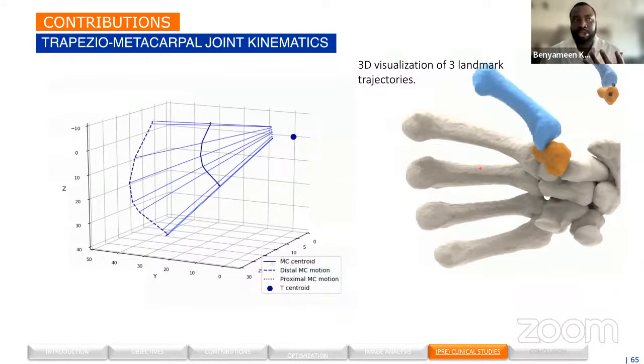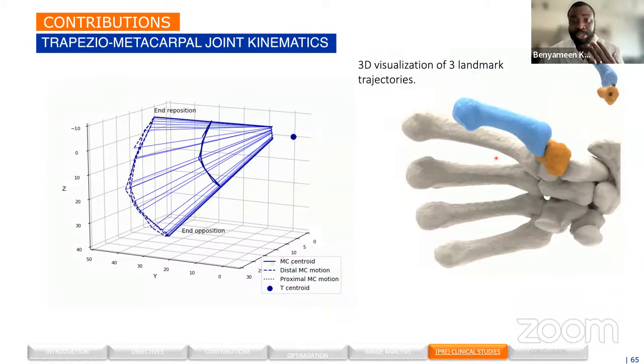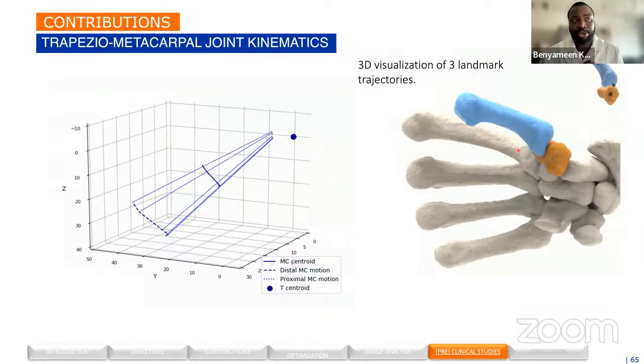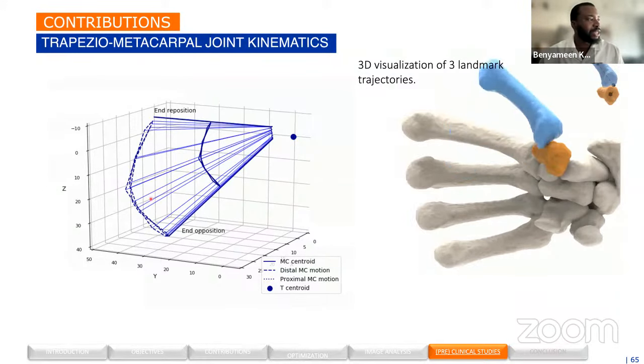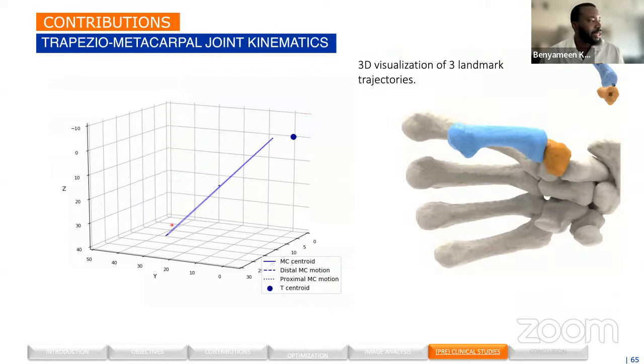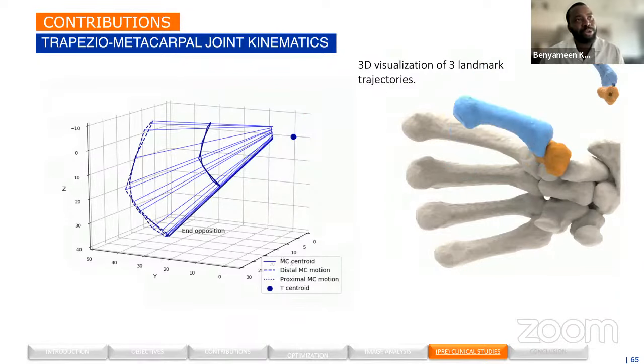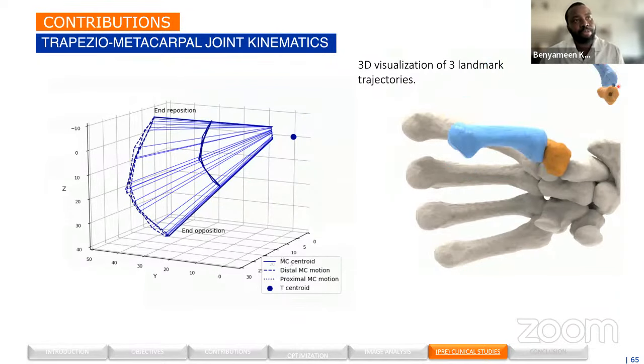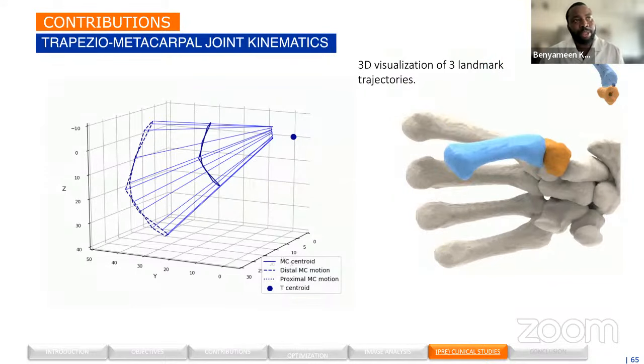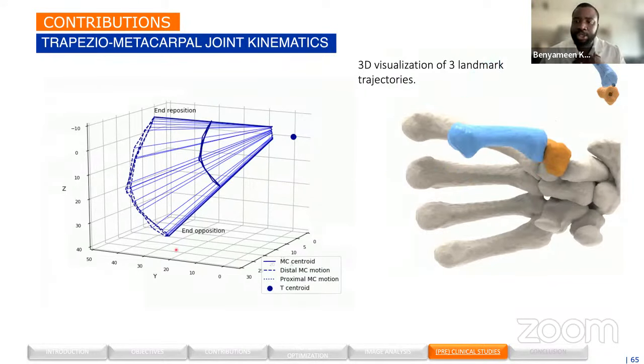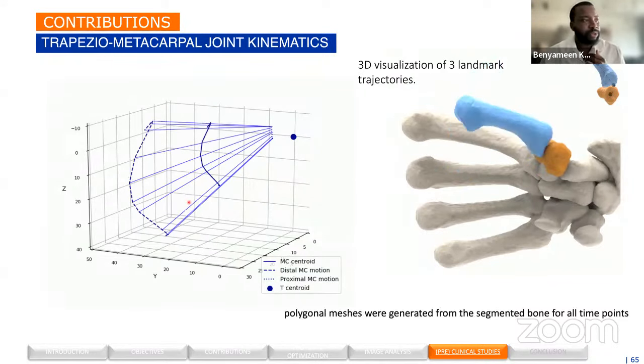This is one intuitive way where you get to see how the bones or the joint are moving. For instance, in this case, we're plotting the trajectory of landmarks that were chosen on the surface of the bones, the trapezium and the first metacarpal, and looking at how this evolved over time.